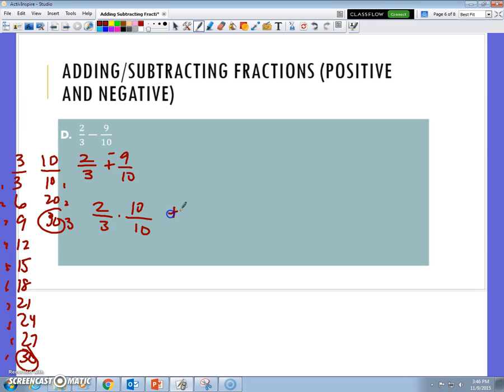And I need to add that with 9/10, so -9/10 times 1, 2, 3, 3/3. And so I'm going to say 20/30, which is still really 2/3, plus -27/30, which is -9 times 3 over 10 times 3.